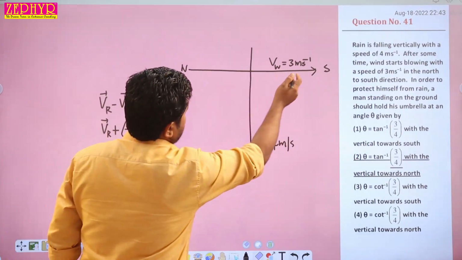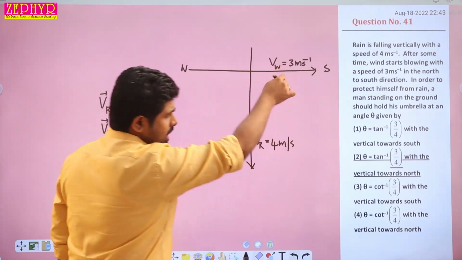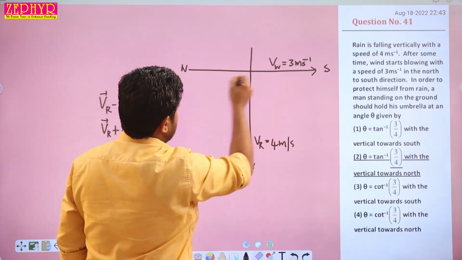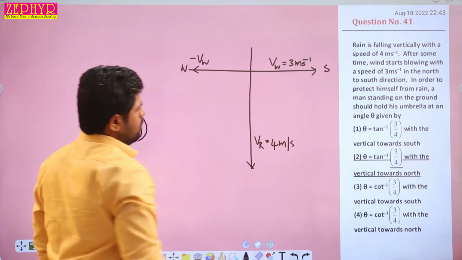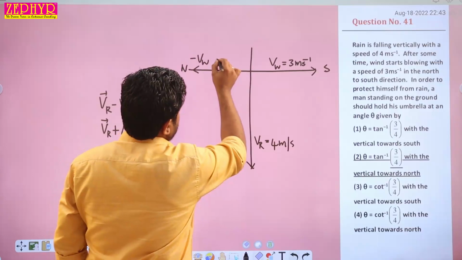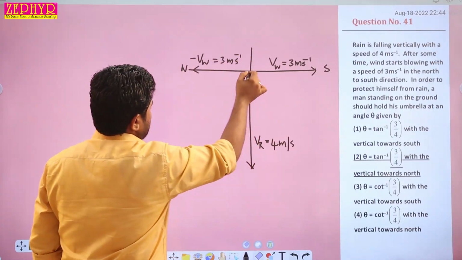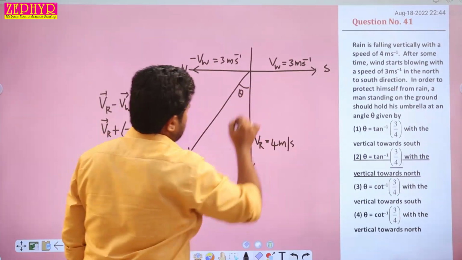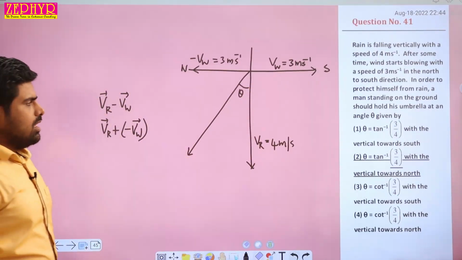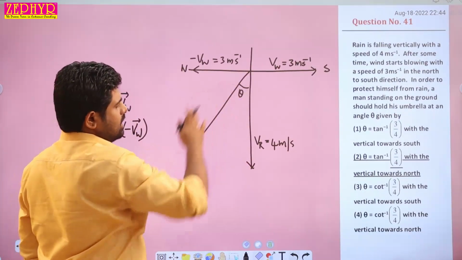That means you just consider the negative vector of the velocity of wind. So now it is minus VW, and it is equal to 3 meter per second. Now this one is the resultant. The angle produced between the vertical and the resultant is theta.